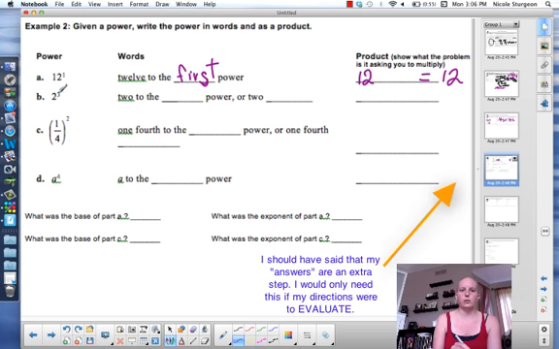Part B, 2 to the third power, or, do you know it? Hope so. 2 cubed.